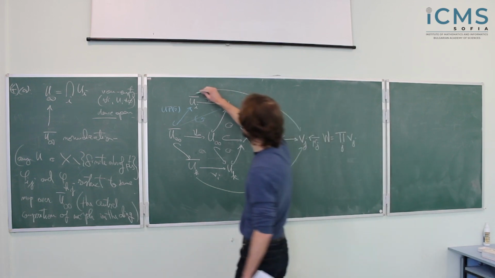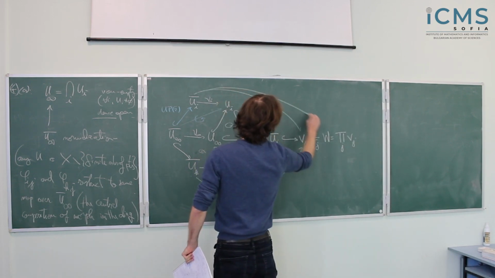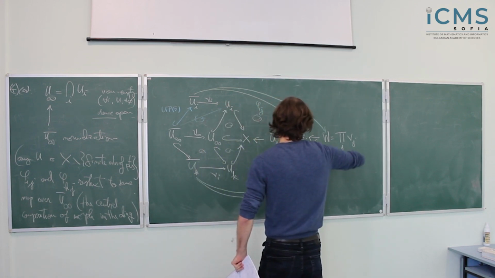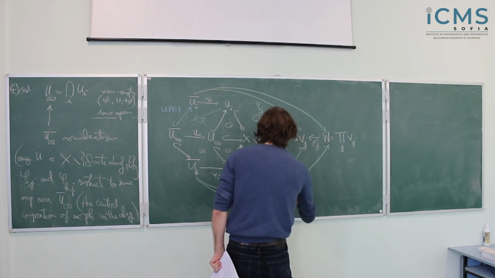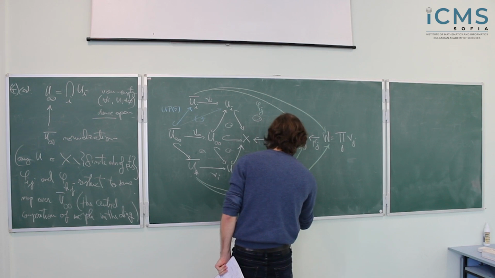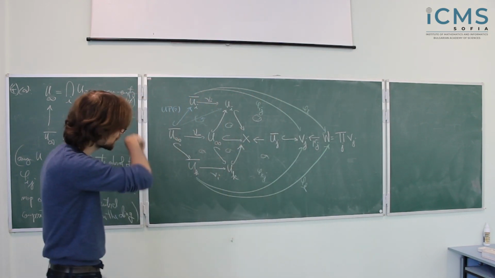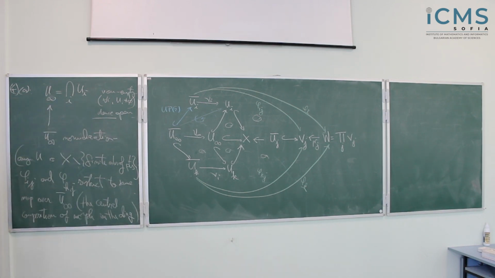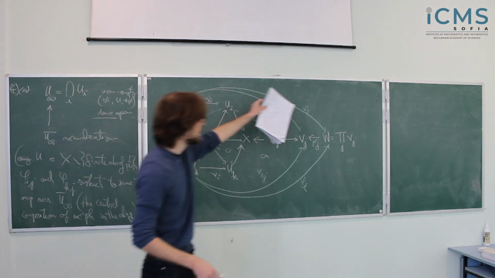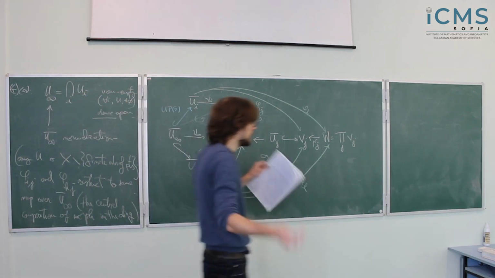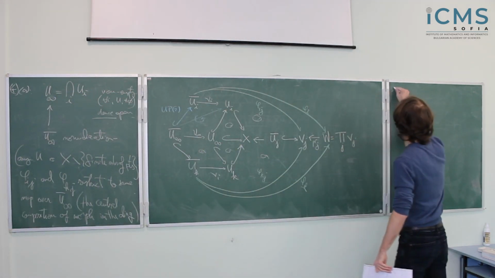So remember, this is phi k and this is phi I. So if all of the components of phi I and phi k correspond on infinity, then they correspond to each other. Okay.